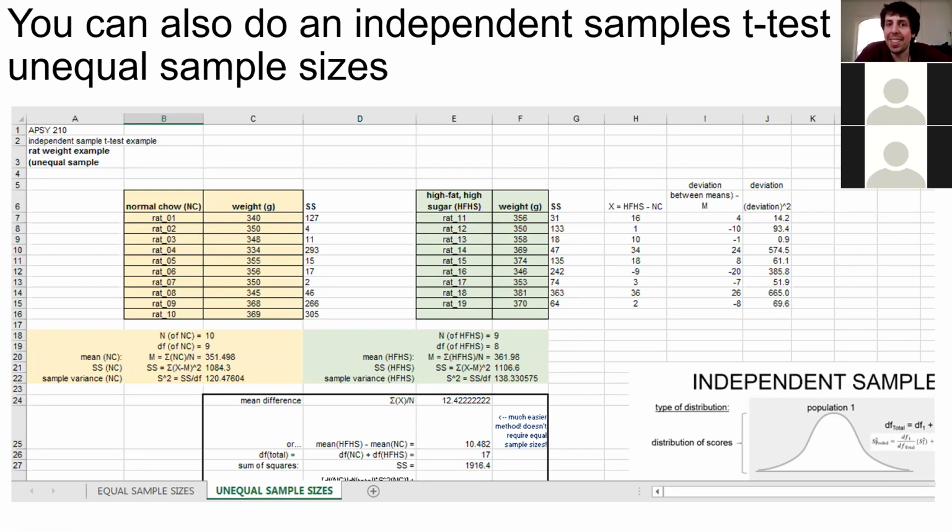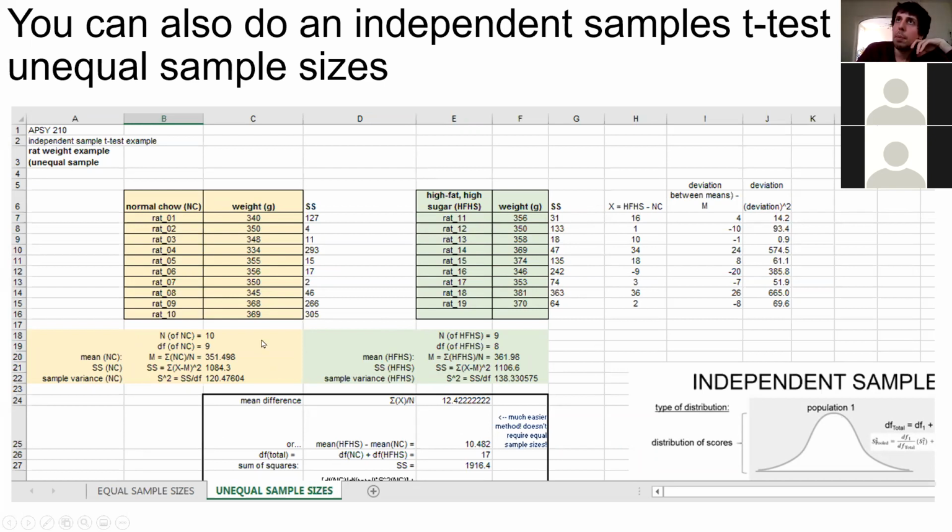But as we'll see, there's no reason why you would have to or want to do this kind of labor-intensive calculation process by hand when software is available. But let me just quickly show you how things are a little bit different when there is an unequal sample size across your two groups.